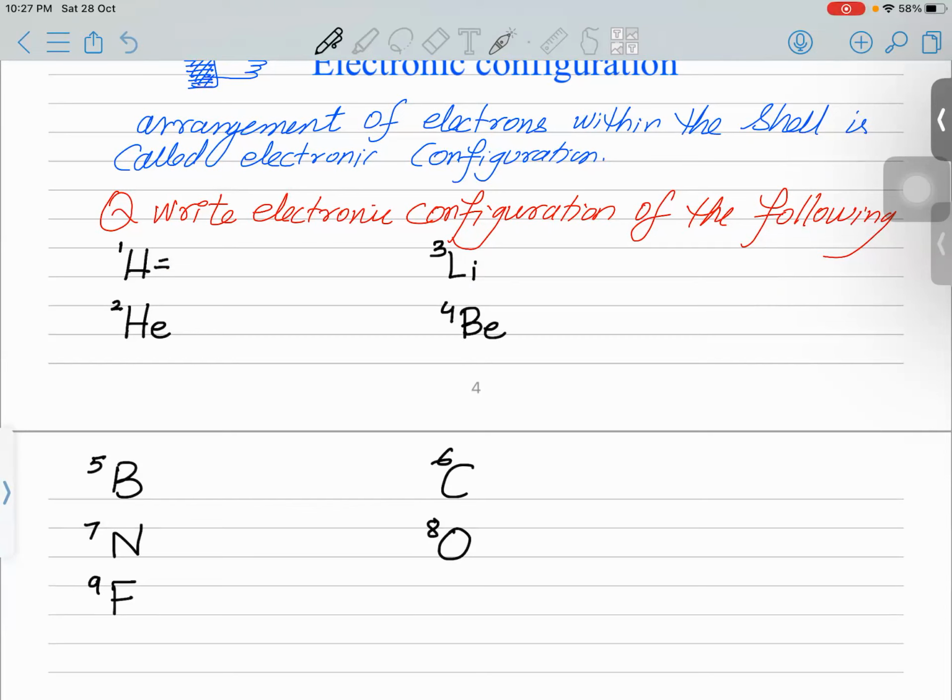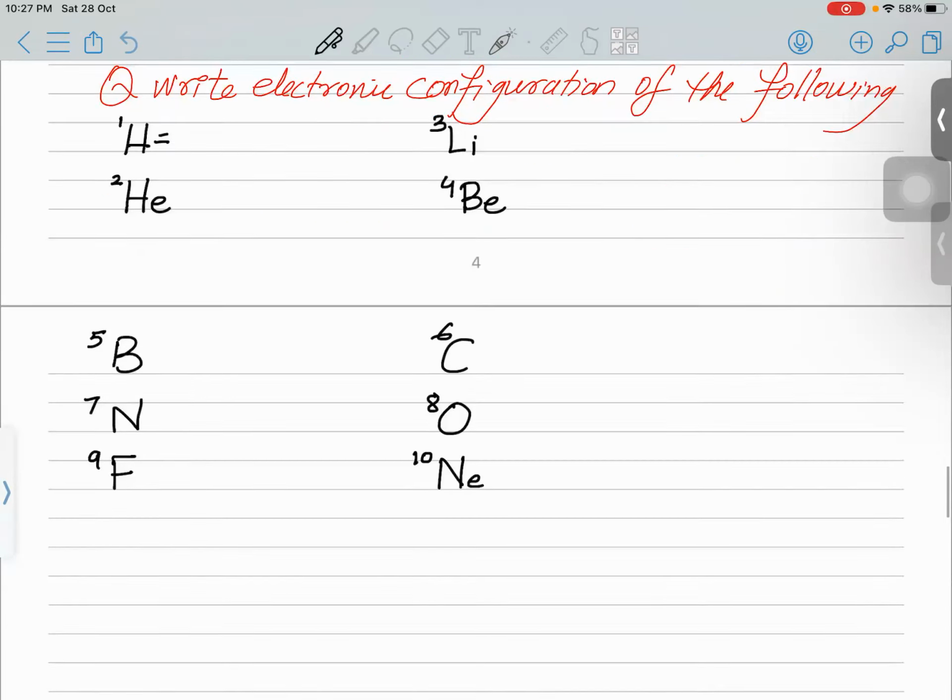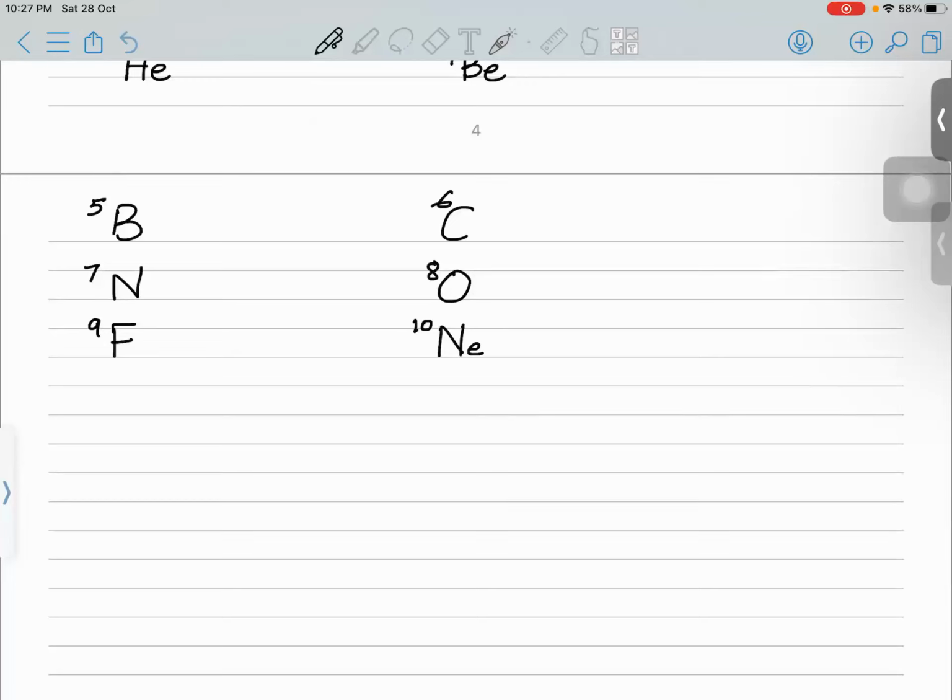Fluorine is 9. Neon is 10. Sodium is 11. Magnesium is 12. Aluminium is 13. Silicon is 14.